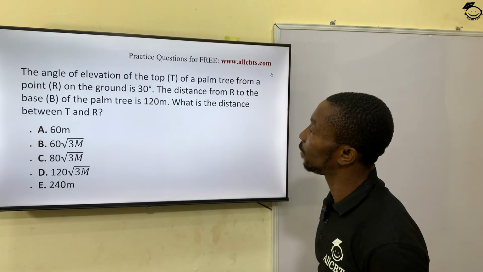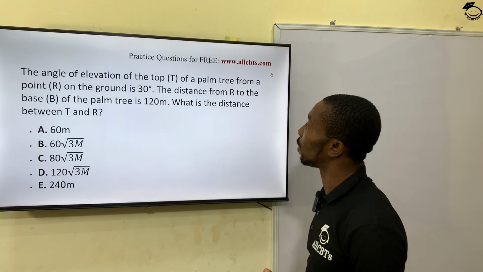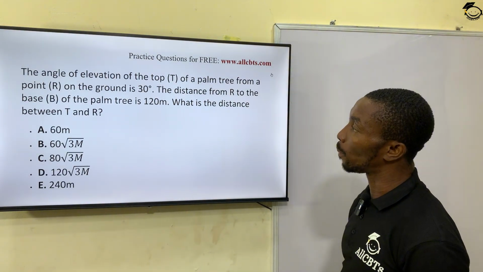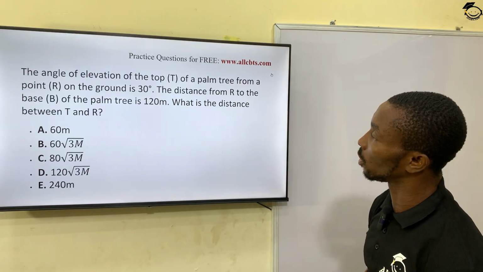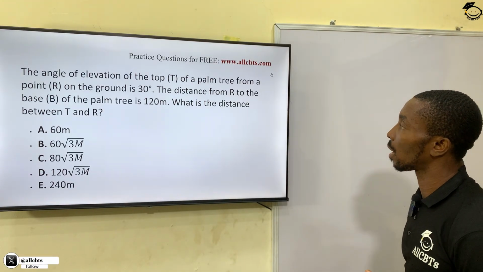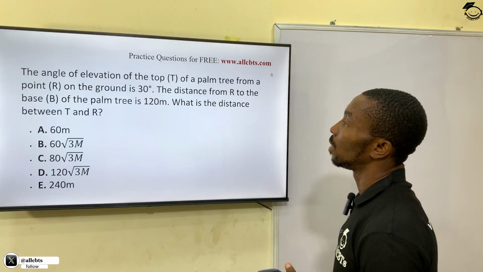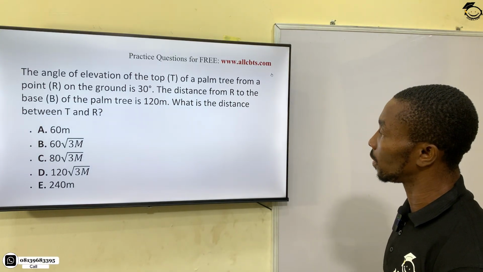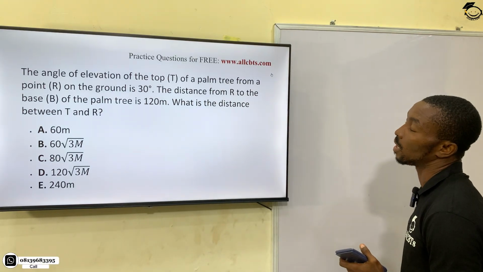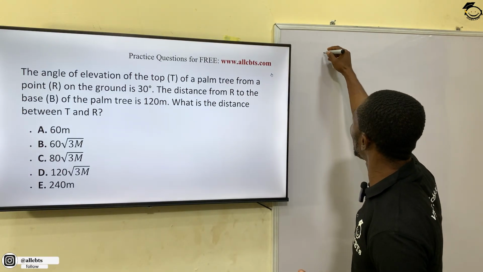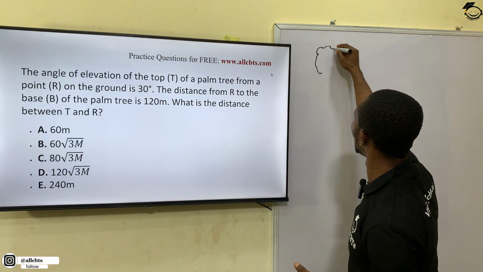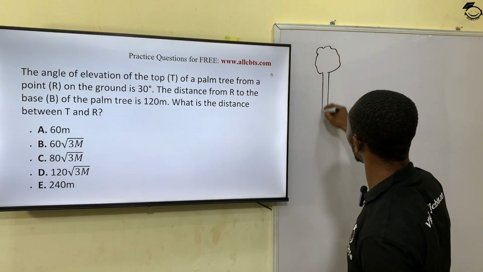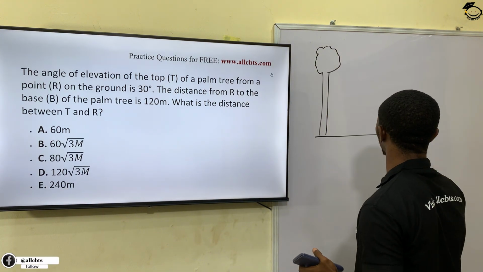The angle of elevation of the top T of a palm tree from a point R on the ground is 30 degrees. The distance from R to the base B of the palm tree is 120 meters. What is the distance between T and R? Now we have our palm tree and we have our ground.